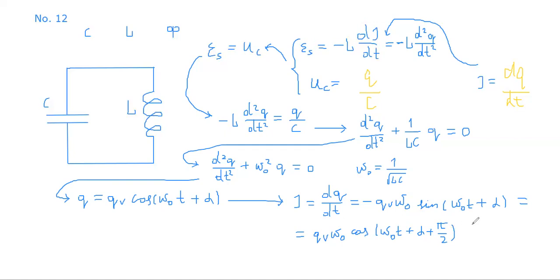And this can be written as IV, the amplitude of the current, times cosine of omega 0 t plus alpha plus pi divided by 2.